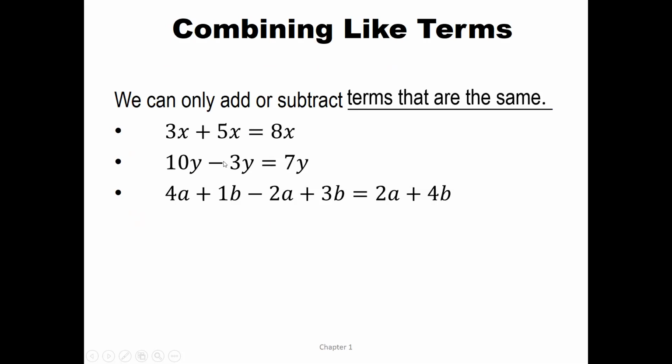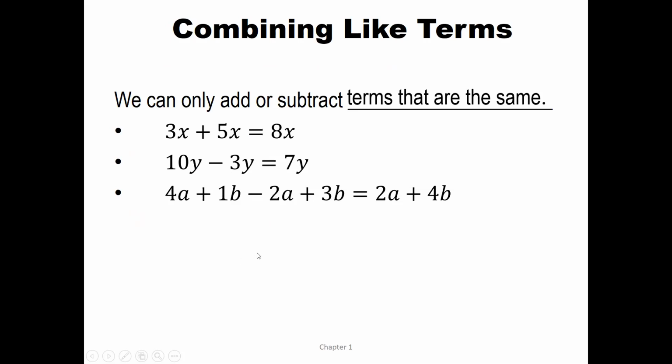Or subtracting. 10y minus 3y equals 7y. 4a plus 1b minus 2a plus 3b. We regroup it here. So we say 4a minus 2a is 2a, and 1b plus 3b is 4b.